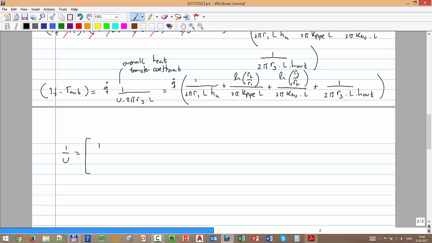If you see here I have R3 and here I don't have any R3, so I have to put it inside, so that will be h, R1 over R3, plus ln R2 over R1.